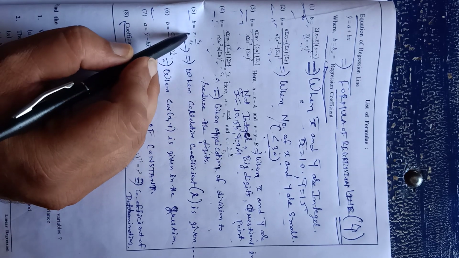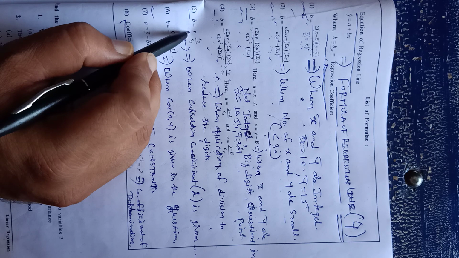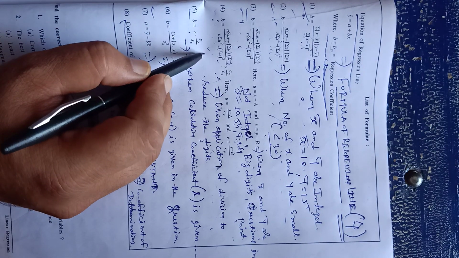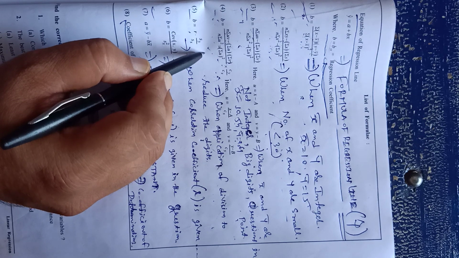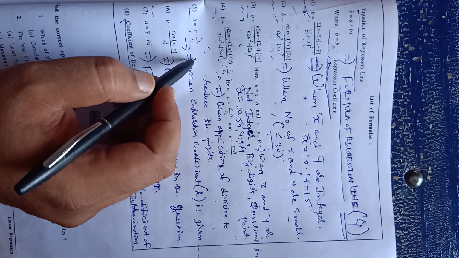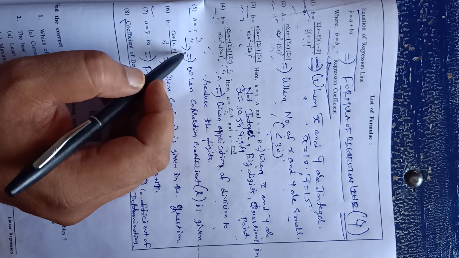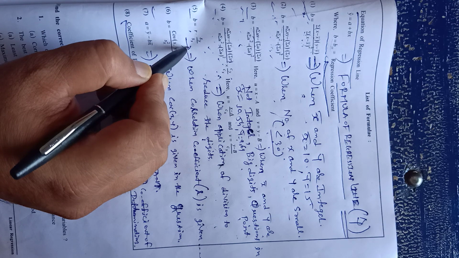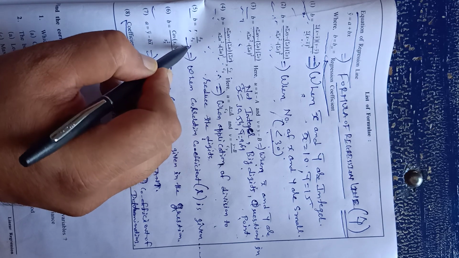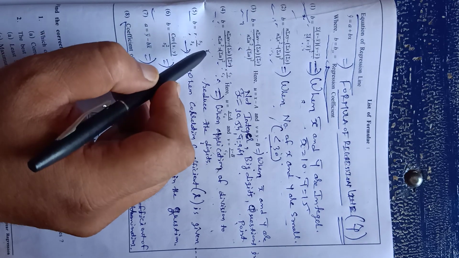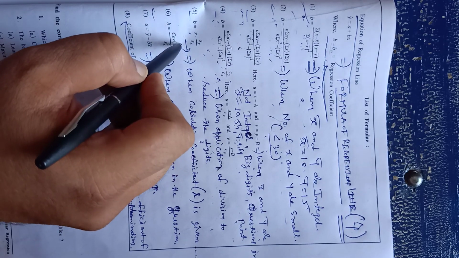Here R means correlation coefficient, Sy means standard deviation of y, Sx means standard deviation of x. So the formula is B is equal to R into Sy upon Sx.